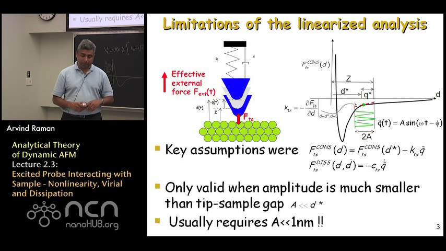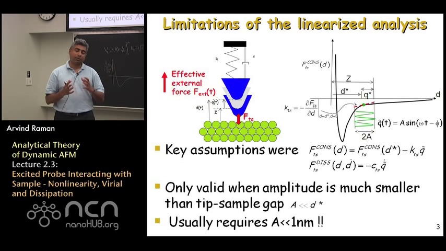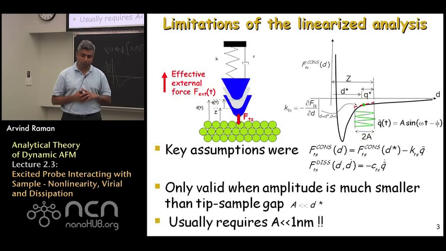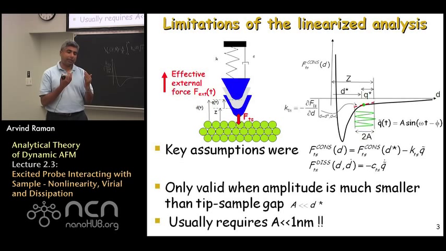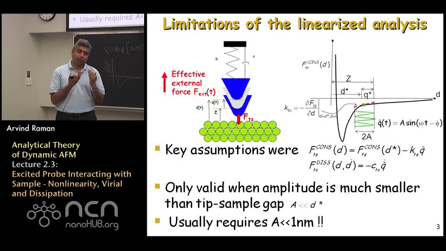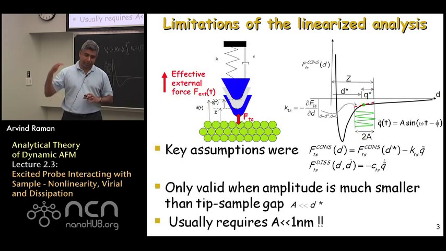Now, what I've shown on the right is a typical conservative interaction curve for tip-sample interaction forces, F_TS cons, as a function of D, the distance between the lowermost atoms on the tip and the uppermost atoms on the surface. It has this typical canonical attractive gradient and then a repulsive gradient as you come very close to the sample.